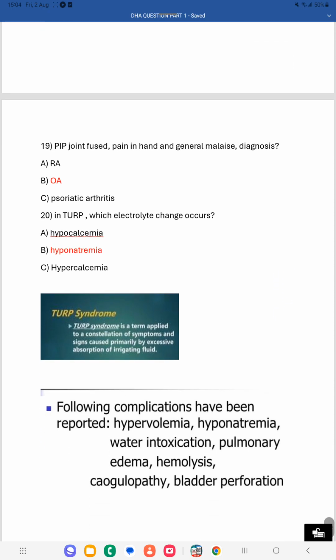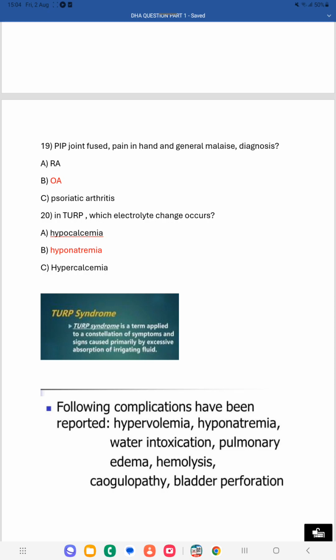Next one was TURP, transurethral resection of prostate. This is usually done in the case of benign prostatic hyperplasia. This is a surgery done as a part of the treatment for BPH. While doing this resection, whatever enlarged portions of the prostate there are, we will be scraping out from the area.